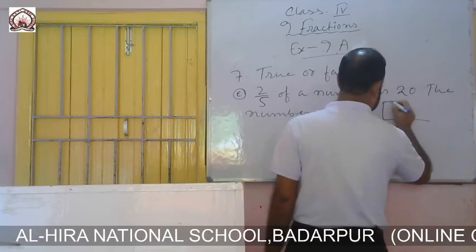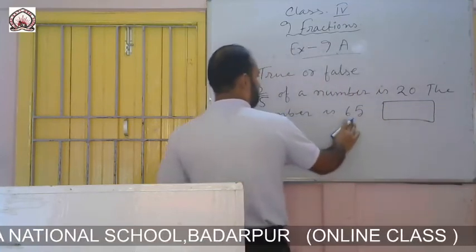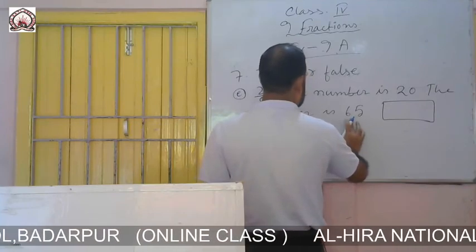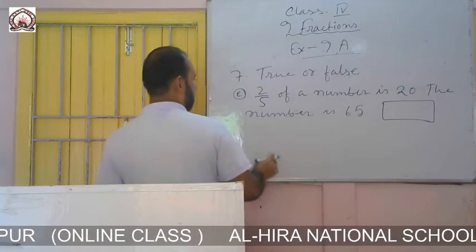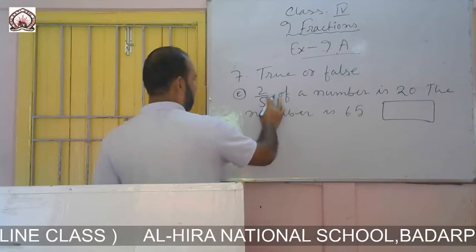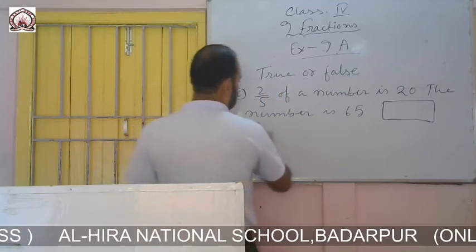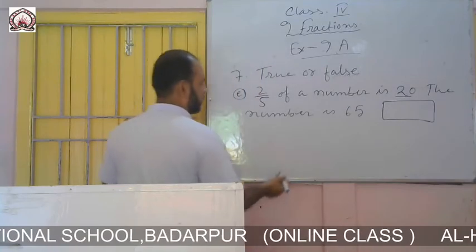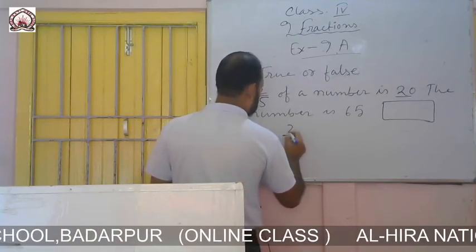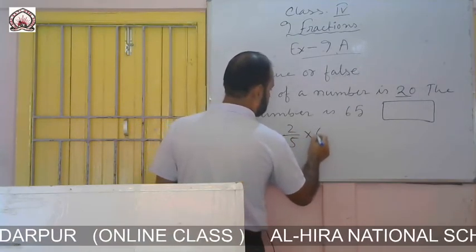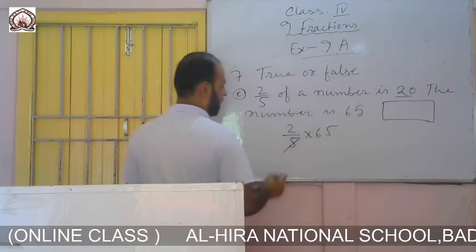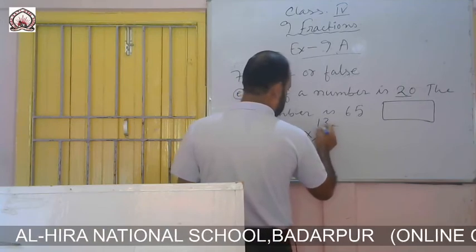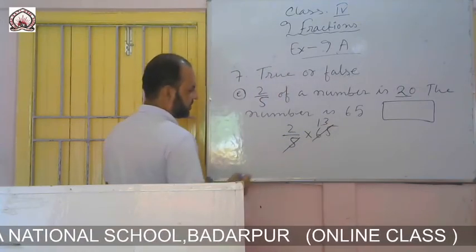True or false? Like earlier, 65 chocolates are there. Out of 65, if 2 by 5 is 20, then it is true, otherwise wrong. So 2 by 5 into 65. 5 ones are 5 and 5 thirteens are 65.